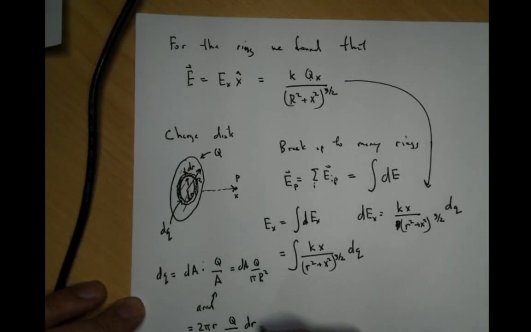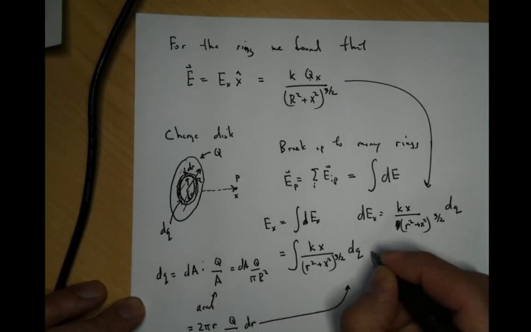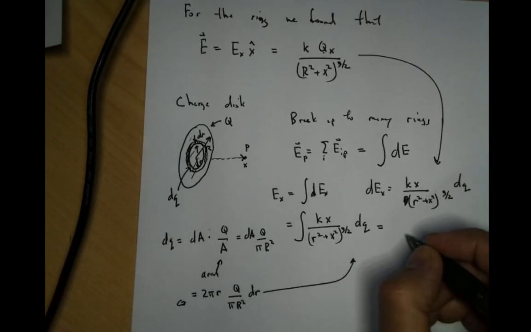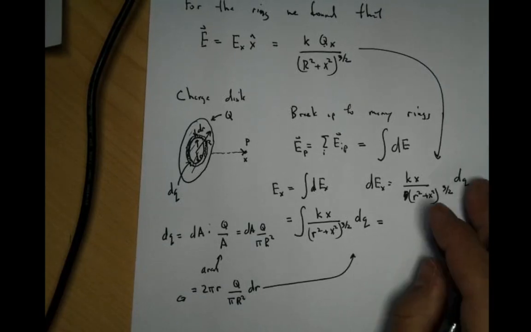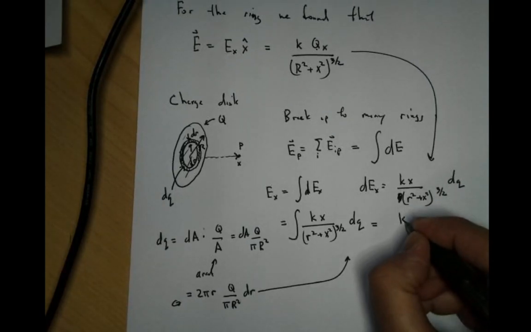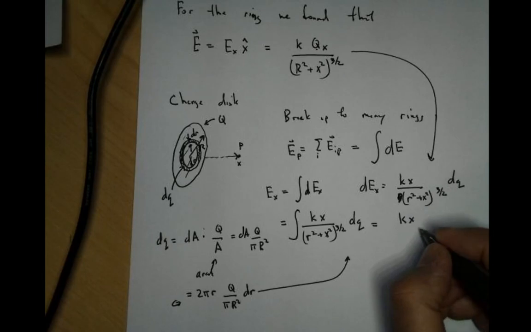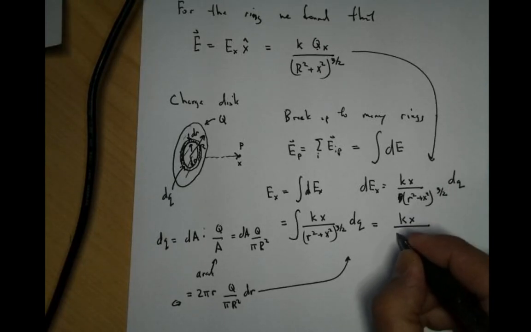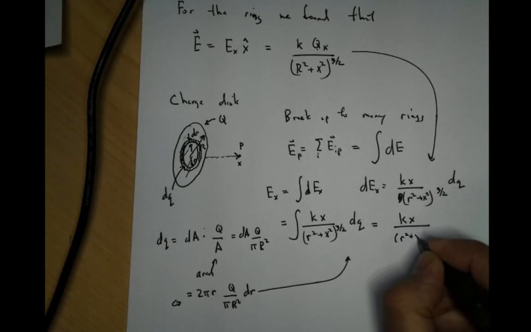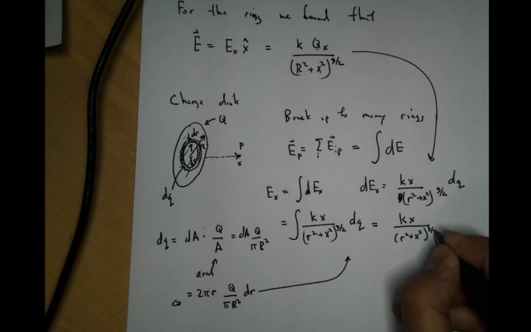Okay, so now let's plug this in there. Let's plug it in: kx over r squared plus x squared to the 3/2 power.